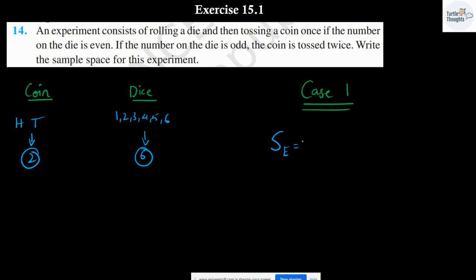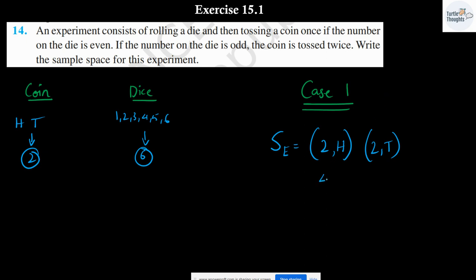What is this going to be? If even number, I have to get 2 or 4 or 6. If I get an even number, then a coin is tossed, and I can get either a head or a tail. So with 2 I can get a head, or with 2 I can get a tail, right?